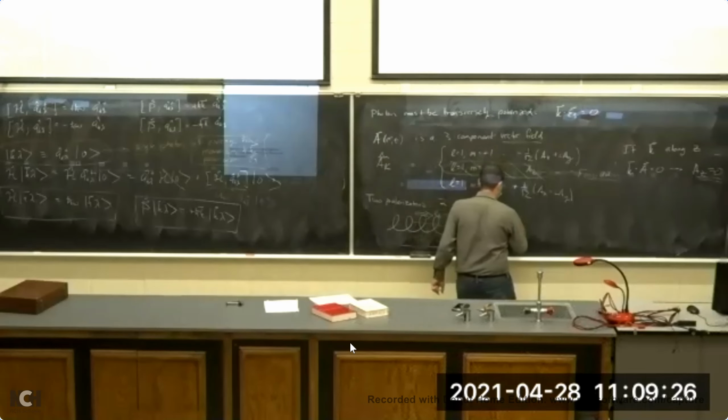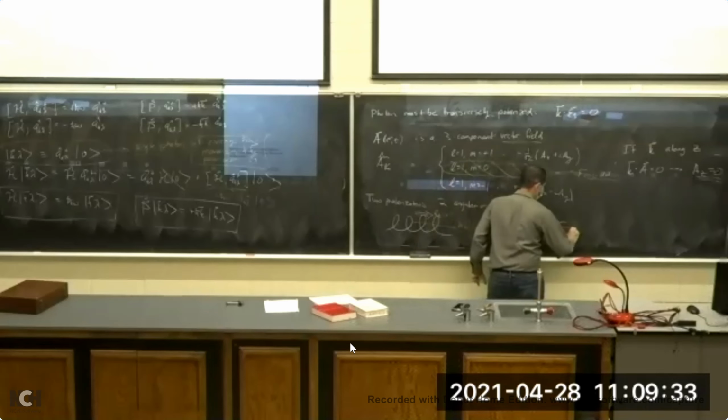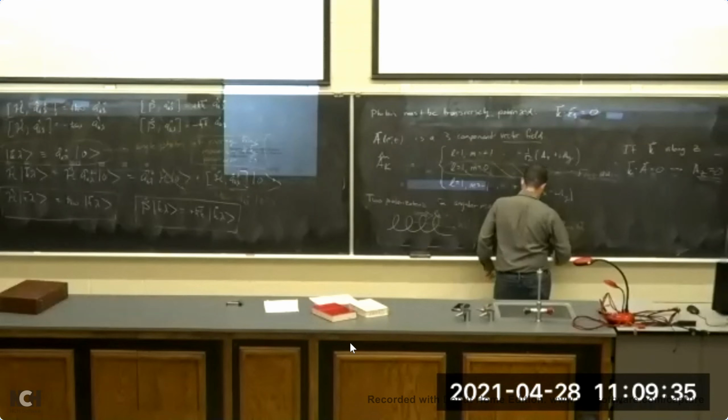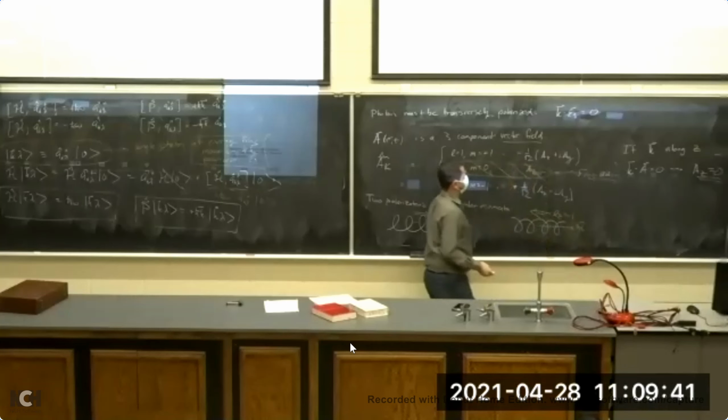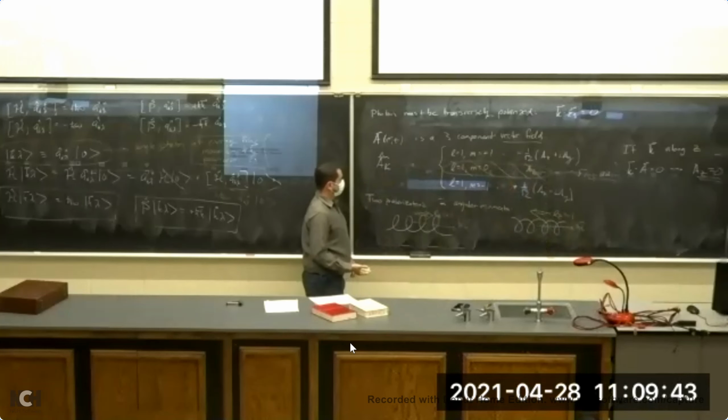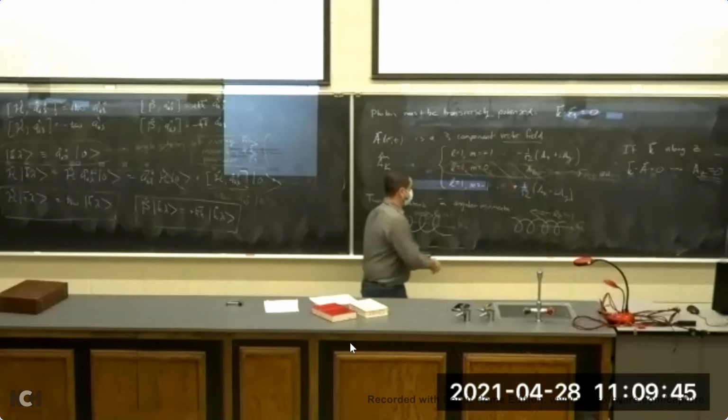Or I can have the opposite polarization. You might call it a left-handed circular polarization, where the momentum is going in one direction, but the spin is pointed in the opposite direction. LZ equals minus 1. So these are referred to as helicity states.